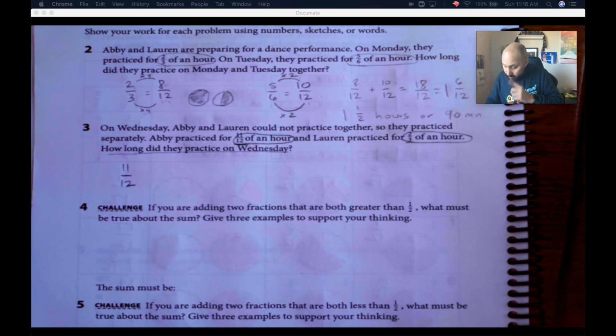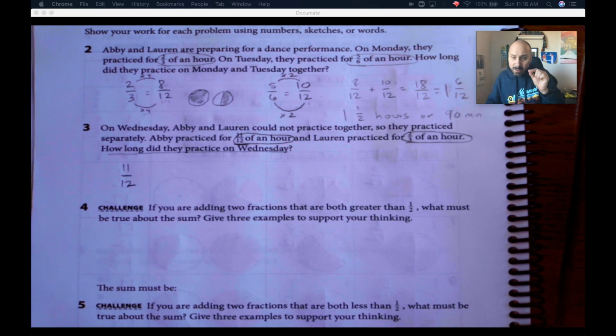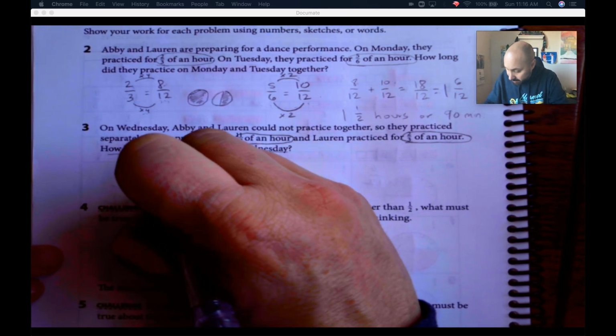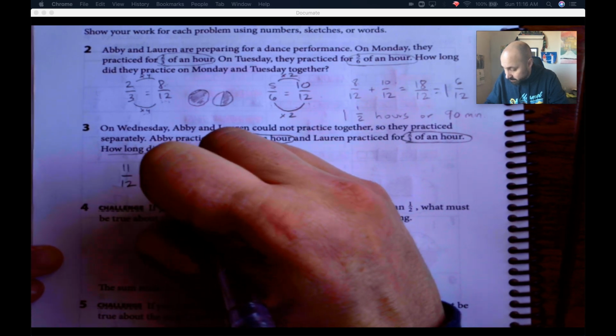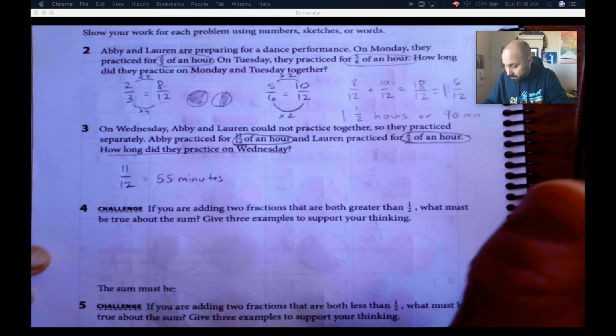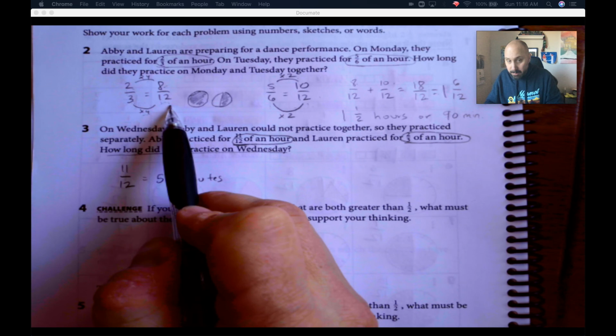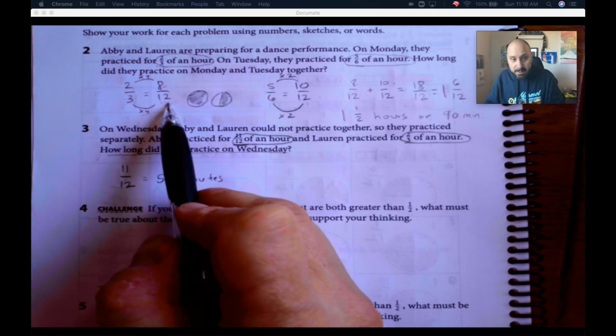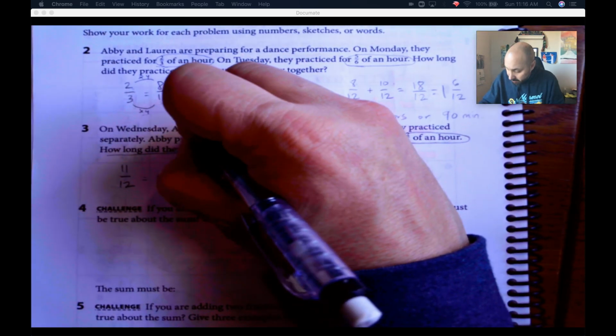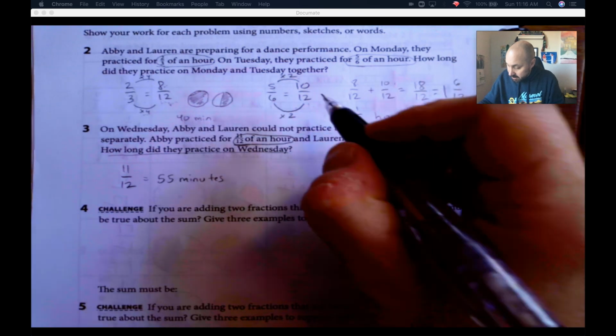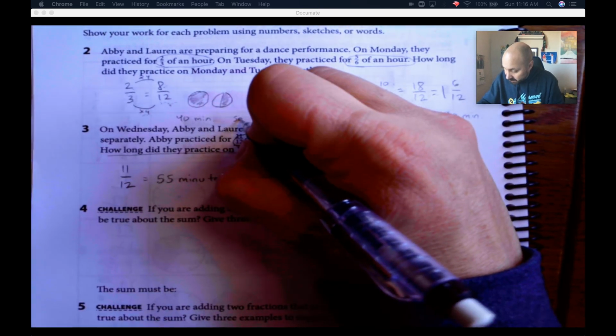And if we remember 11/12, when the big hand is on the 11, that equals, I'm just going to write that in right now, 55 minutes. And 2/3, remember, is up here. I should have written this down. 8/12 is 40 minutes, and 10/12 is 50 minutes.